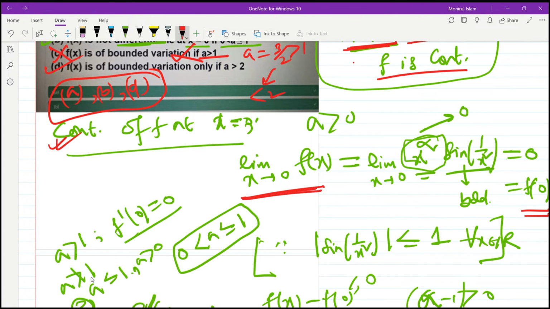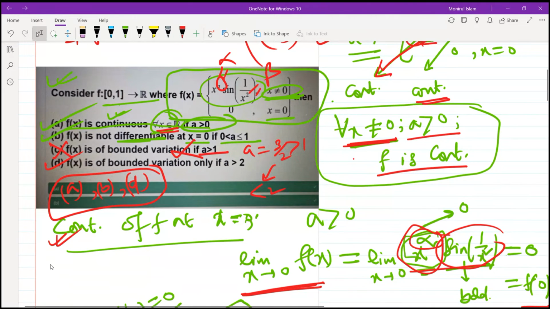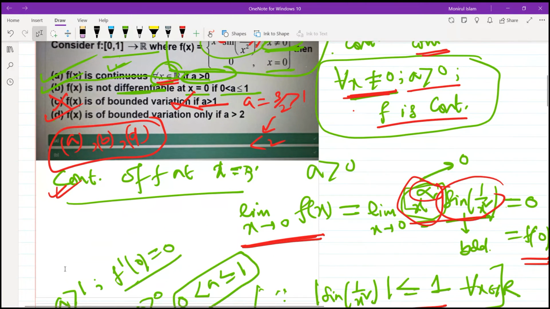So limit x to 0 of f(x) is x^a sin(1/x^2). Now sin is a bounded quantity, bounded by 1, and x^a is a polynomial since a is greater than 0, so it tends to 0. So overall the limit will be 0, which is nothing but f(0). So f is continuous at 0, and option 1 is correct in this way.